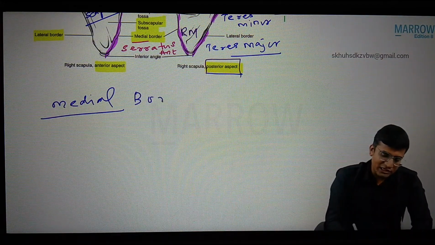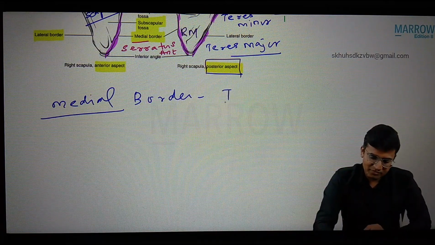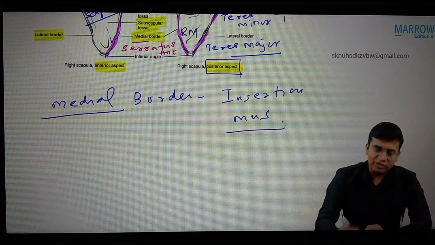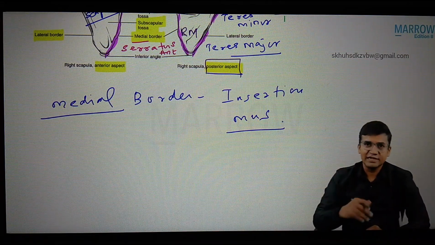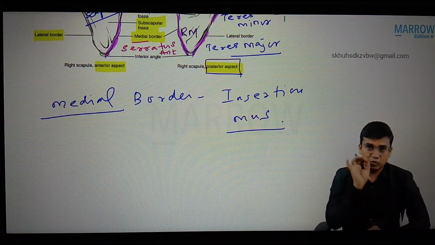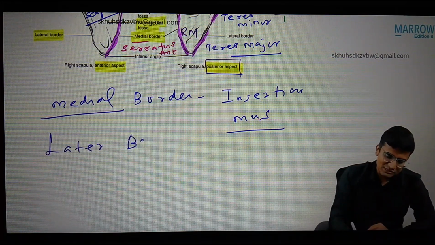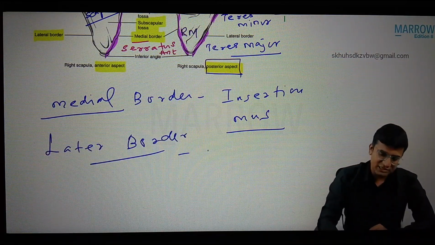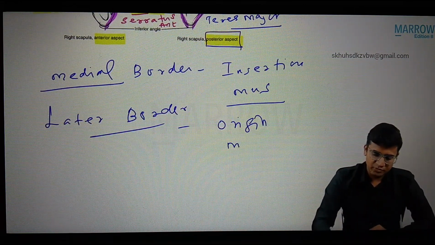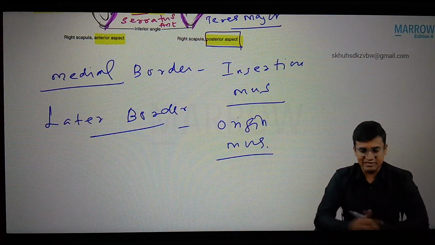The medial border is monopolised by insertion of the muscles: serratus anterior on the front side, and on the back side levator scapulae, rhomboid minor, rhomboid major. Whereas the lateral border has only origin. It is monopolised by origin of muscles. In the front side, subscapularis; back side, teres minor, teres major.